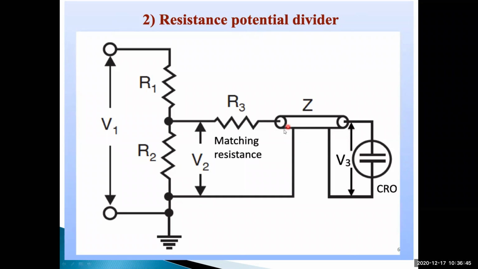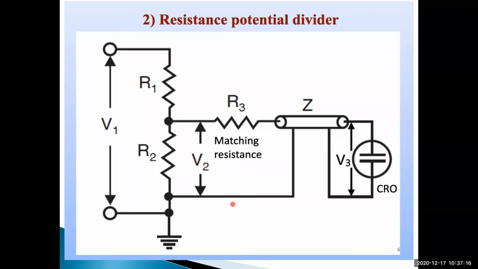The cable absorbs the surges, and the matching resistance absorbs the transients, the reflections of voltage waves, and the refractions of voltage, by proper arrangement of R3. Understood?